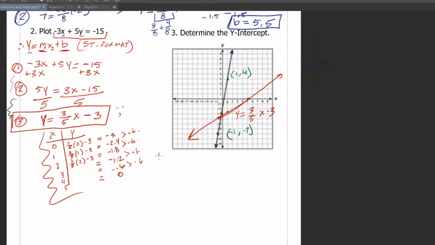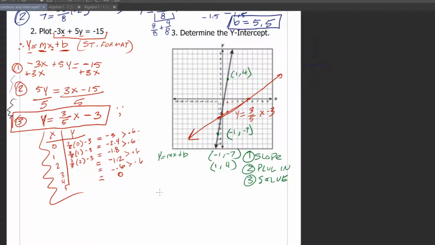So first, again, y equals mx plus b, and we have 2 points, negative 1, negative 7, and 1, 4. Let's calculate the slope. I'll write the steps. Step 1 slope, step 2 plug in, and then step 3 is solve.